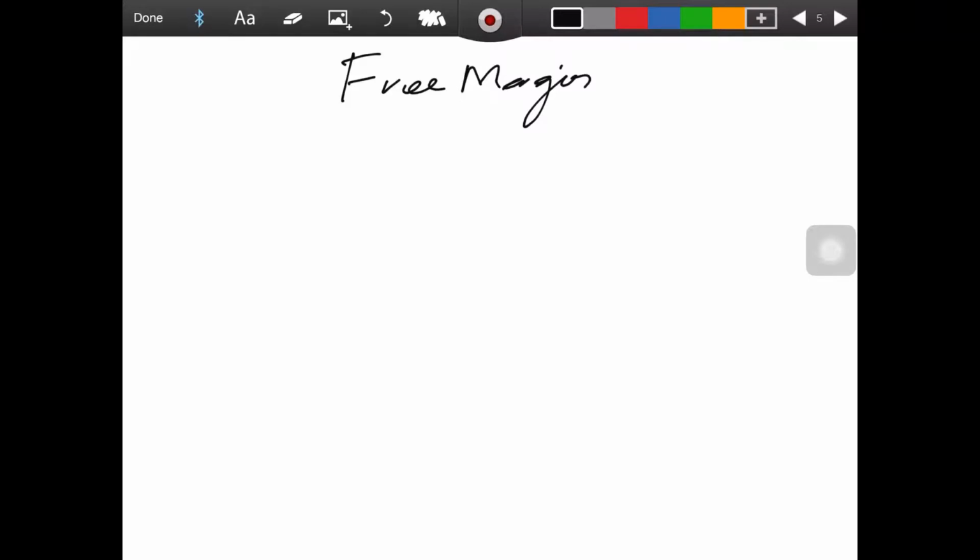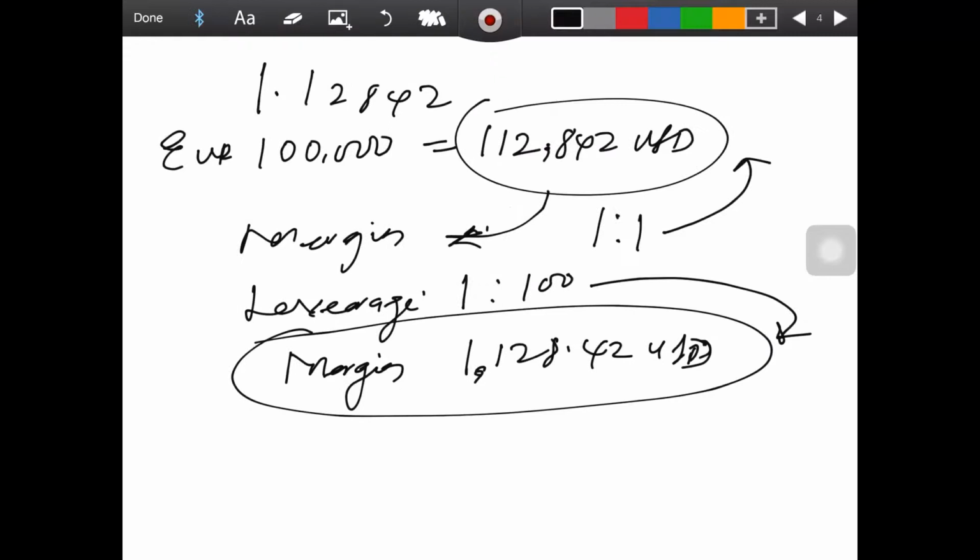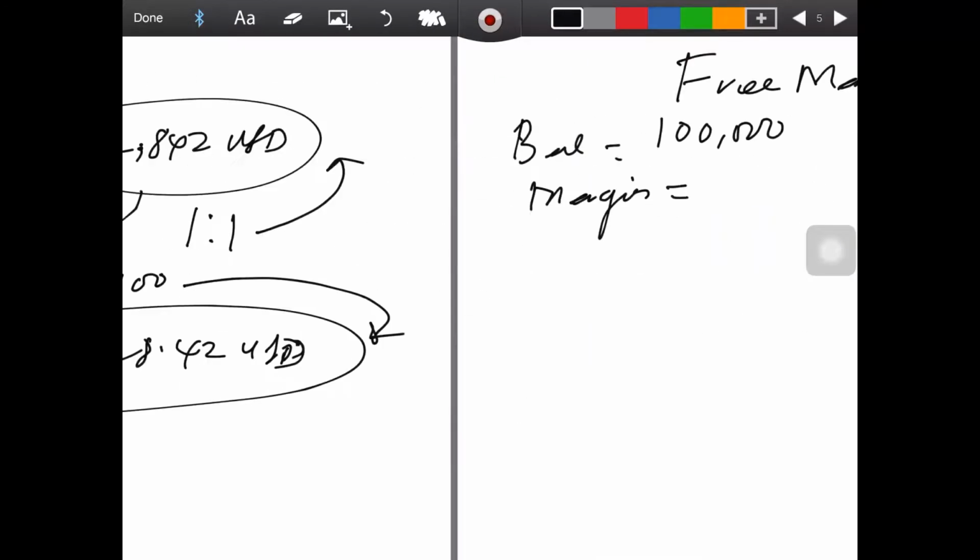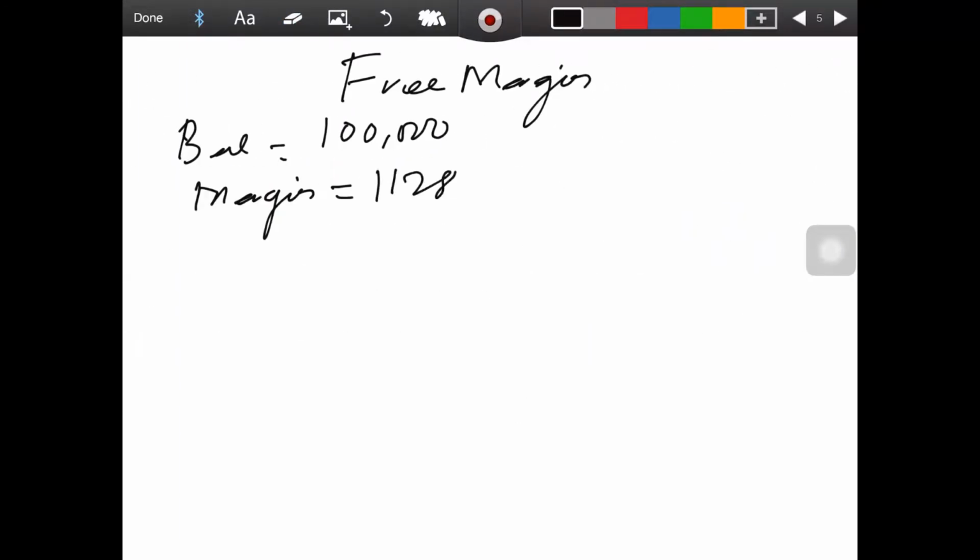Okay, so free margin. Remember we said your balance is equal to 100,000, and your margin is equal to 1128.42 USD.